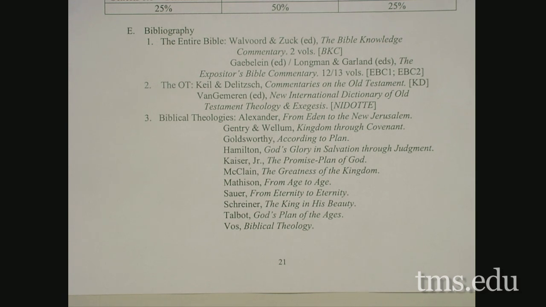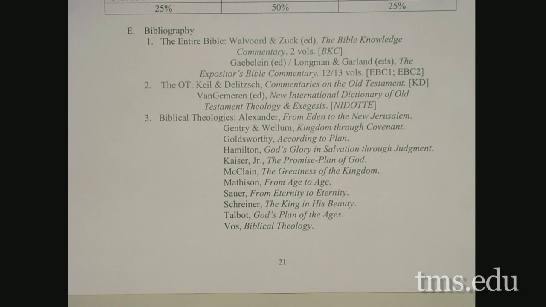Well, here you go. As far as the Bible is concerned, 2 essential foundational works: the Bible Knowledge Commentary and the Expositor's Bible Commentary. And now we have the 13 volumes revised. Still, if you can get the original 12 at a very good price, do so.